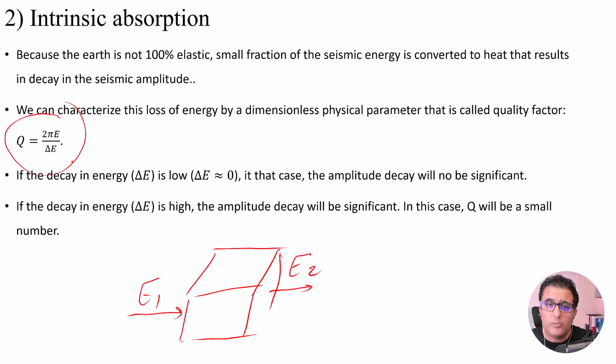On the other hand, in a very attenuating medium with a lot of viscoelastic property, the energy is converted to heat and the quality factor decreases. So the quality factor is a property to quantify intrinsic absorption. A higher quality factor means lower attenuation due to intrinsic absorption, and a smaller quality factor means higher attenuation.